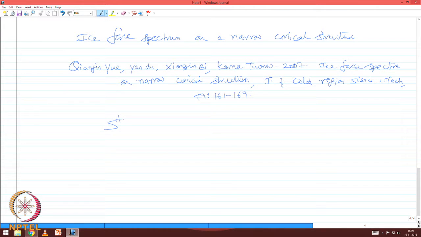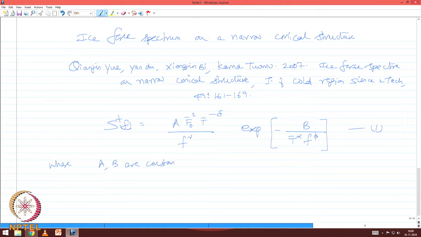So, this says the ice force spectrum is given by A F0 square T bar raised to the power of minus delta by f nu, exponential of minus B by T bar alpha f beta, where A and B are constants. A is generally taken as 10 and B is taken as 5.47.